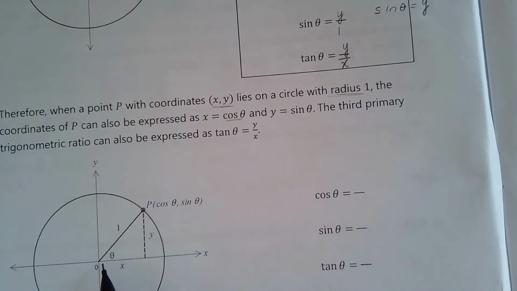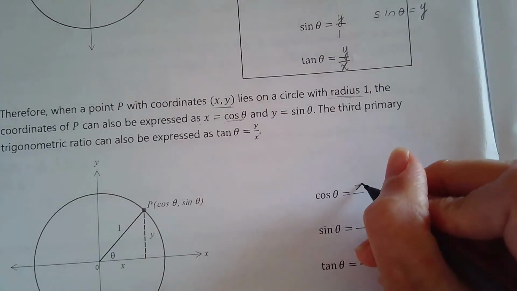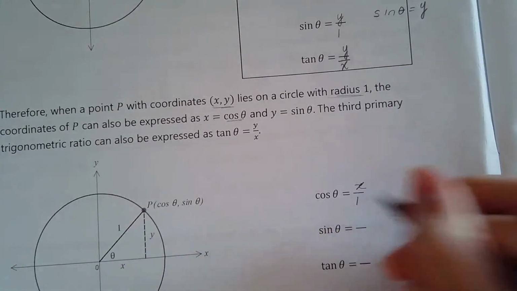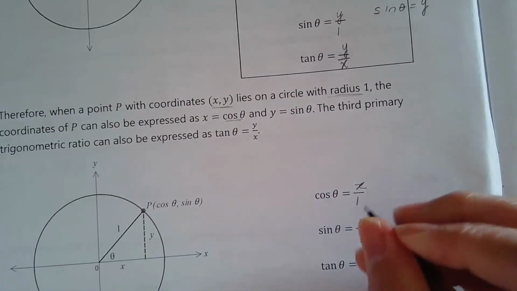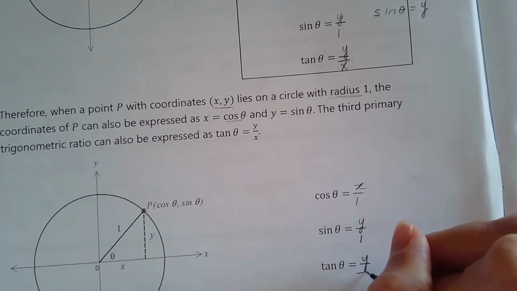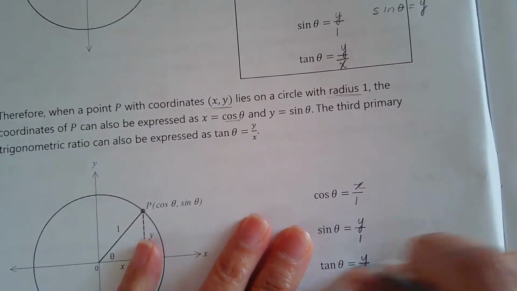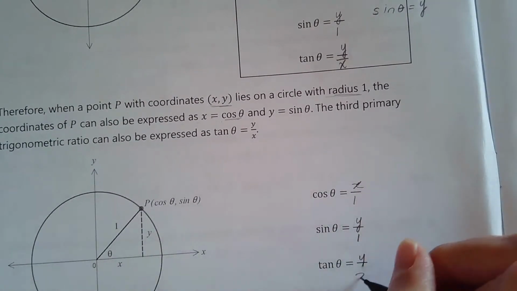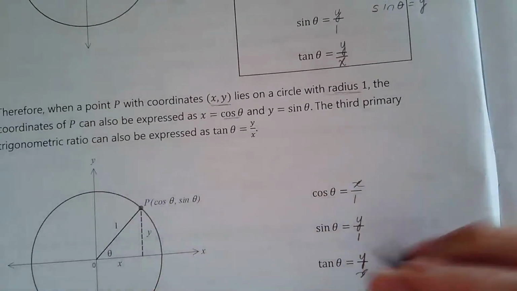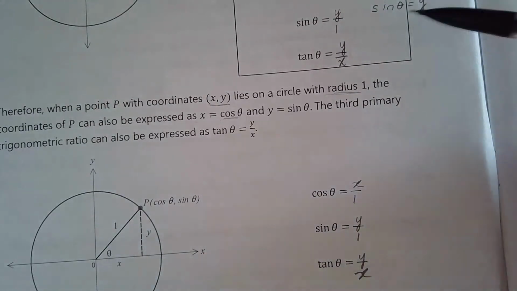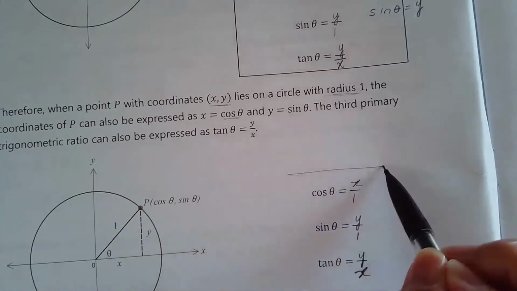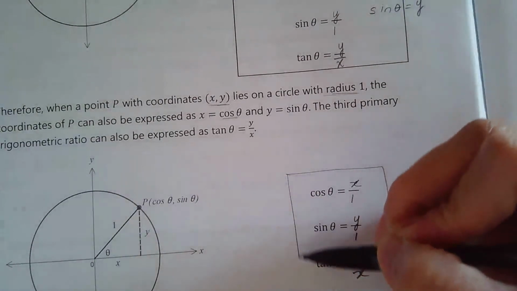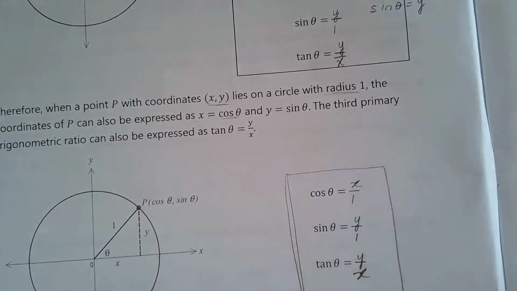So in this particular case, cos is equal to x over 1. Sine is y over 1. And tan would be y over x. So that's basically up there. I'm going to put a box around this because this is important to us.